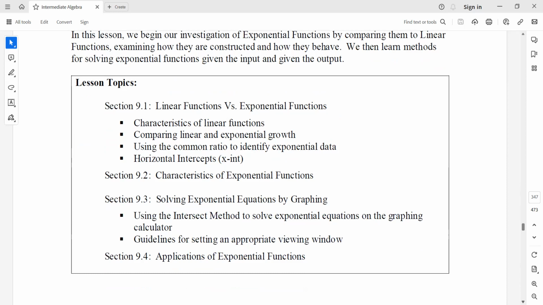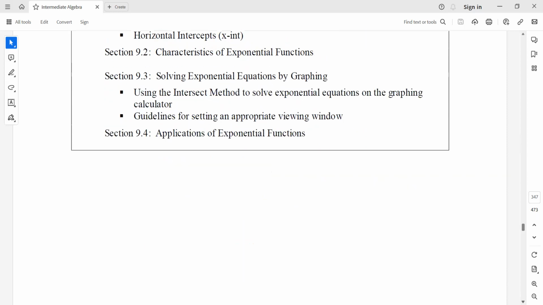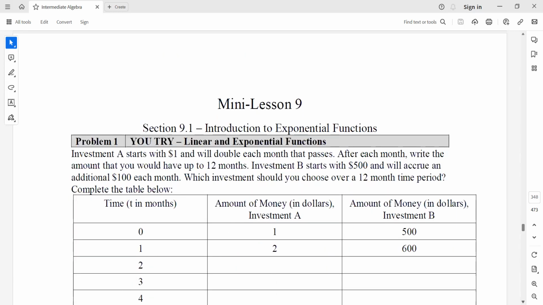We are first of all going to start with linear versus exponential, and then we'll look at the characteristics of exponential functions, and then we'll talk about solving exponential equations by graphing, that is using the calculator, and then we'll talk about applications. All right, so let's begin.